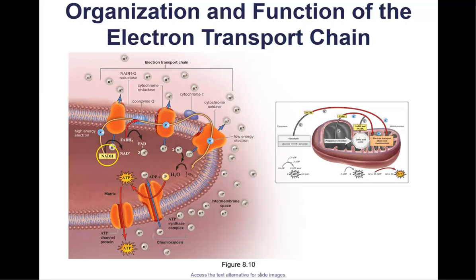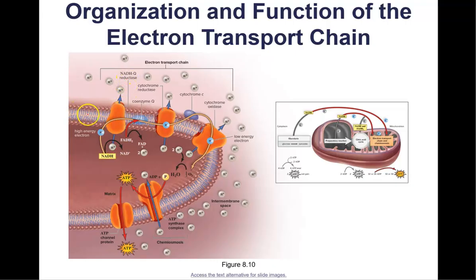And then electrons are also released. And this one electron is going to be passed from carrier to carrier to carrier. And the flow of electrons, that flow of charge, is going to release energy in the form of electricity. And that energy will be used to pump hydrogen out of this membrane.